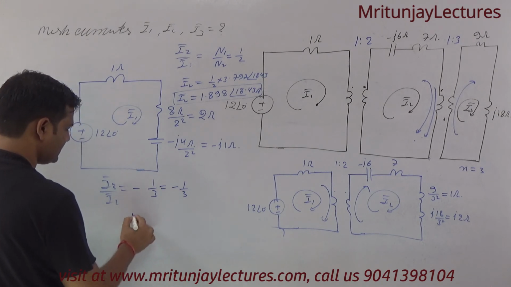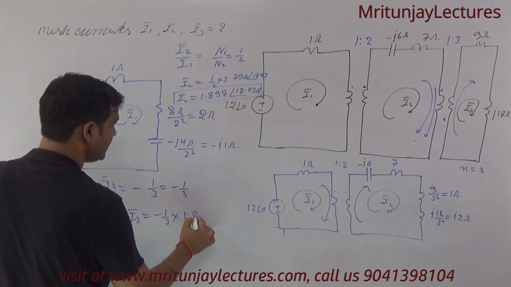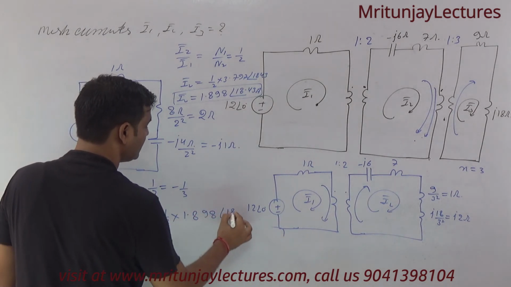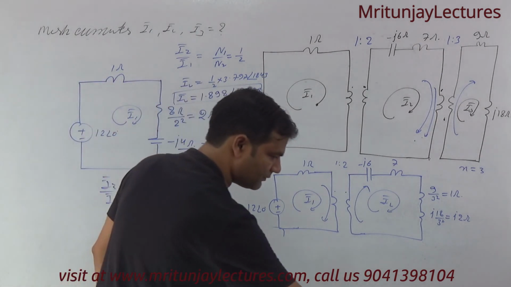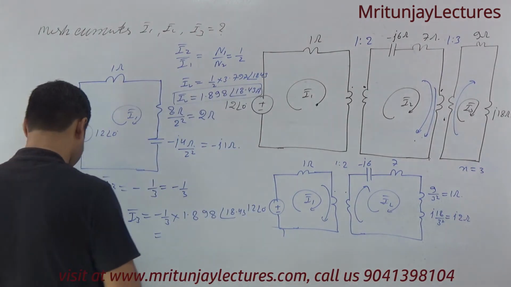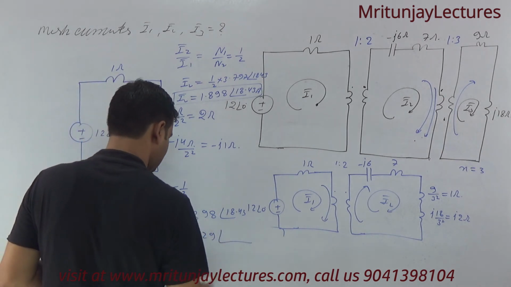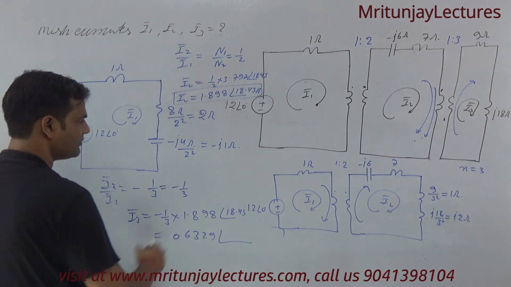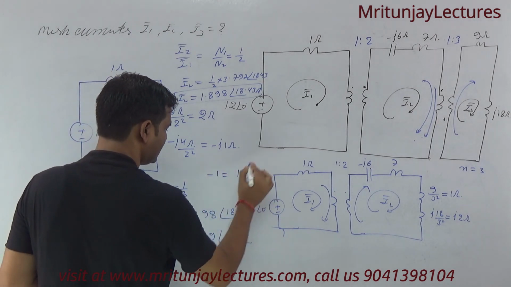minus 1 by 3. So I3 is minus 1 by 3 into 1.898 at the angle minus 18.43, and finally we got 0.6329 at the angle. Minus 1 is written as 1 at the angle 180 degrees.